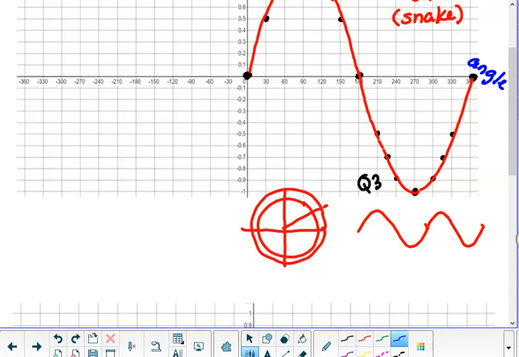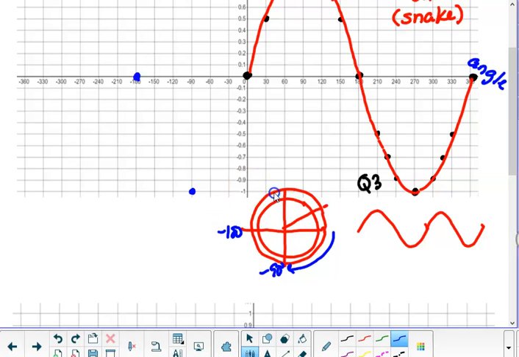If I go backwards, let's think of coterminal angles. If I go backwards to negative 90, well, negative 90 is the same as 270. So at negative 90, I'm going to be back at the same place I was at 270, right here. If I go back to negative 180, that's the same as positive 180, so sine will be 0.